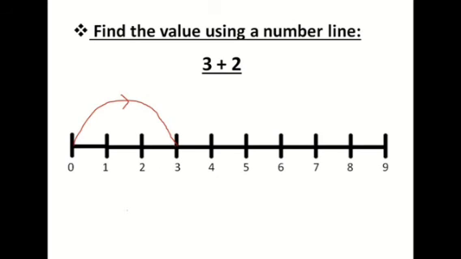Okay, draw it like this, and from 3 I have taken 2 steps and landed on 5. So the value of 3 plus 2 equals 5. I hope you have finished drawing also. So you can write down 3 plus 2 equals 5.